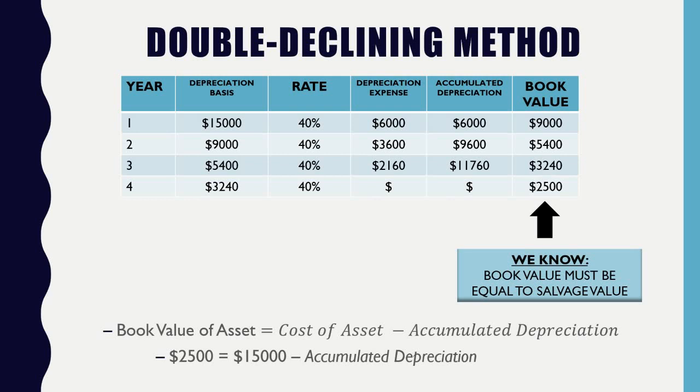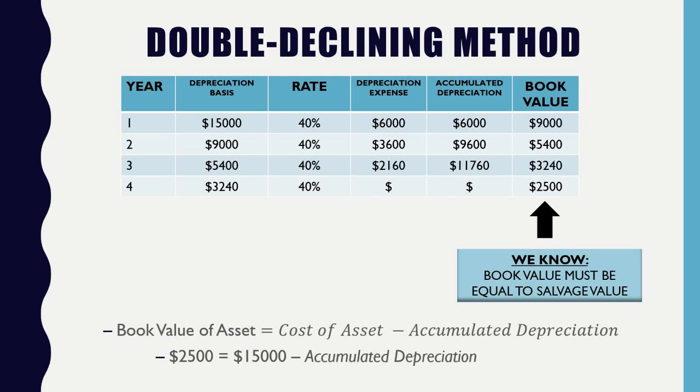So in this case, we know that the book value is going to be your asset cost minus accumulated depreciation. Well, if we know what book value is and we know what the asset cost is, you're able to work backwards to solve for the accumulated depreciation.